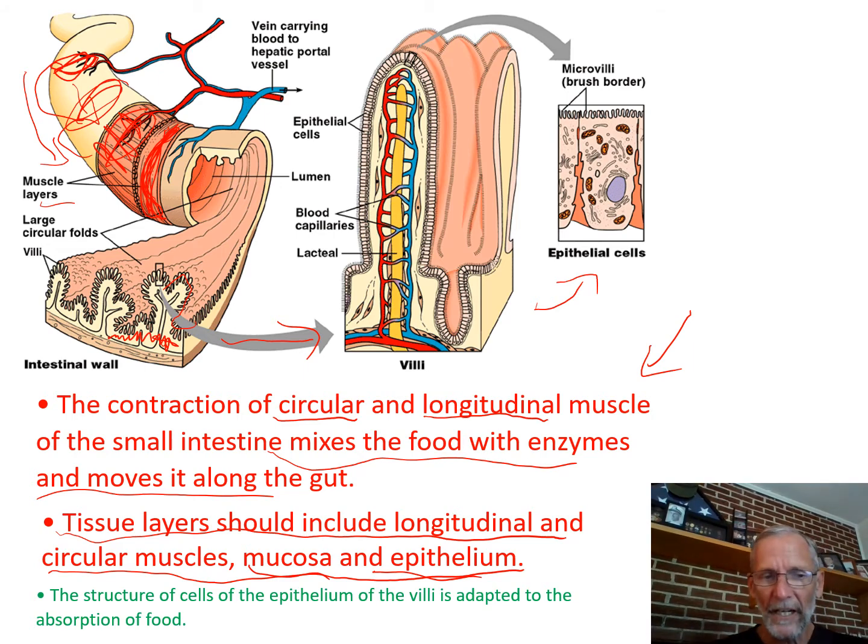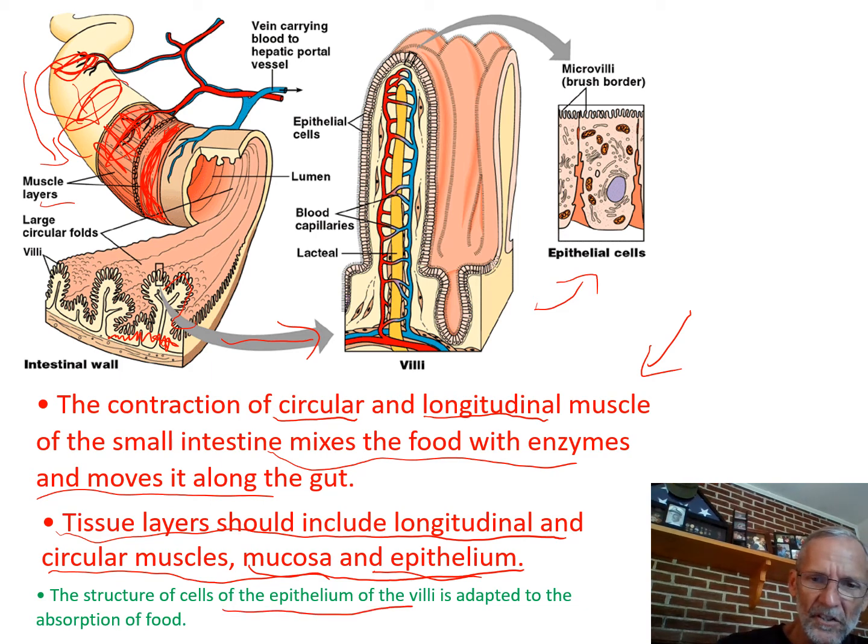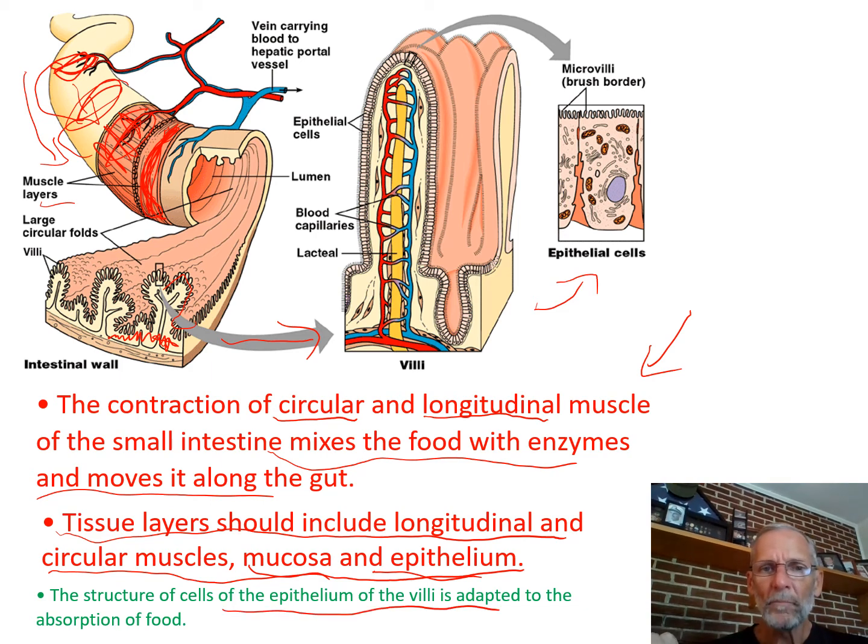Now, they have something on the next page, which is also reflected in this green one here, that there are 3 levels of folding, actually 4 if you want to count it, that make this small intestine really good at digesting all your lunch and absorbing it. Those 3 levels of folding are like this.